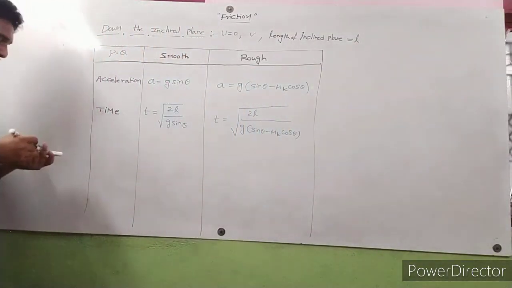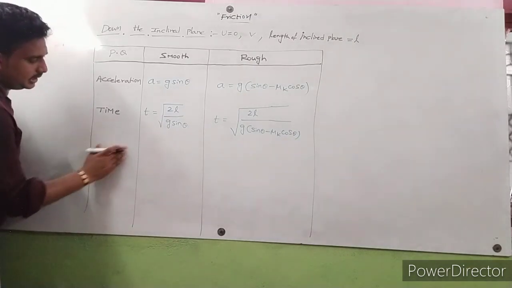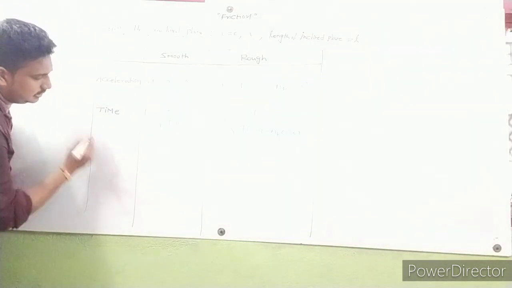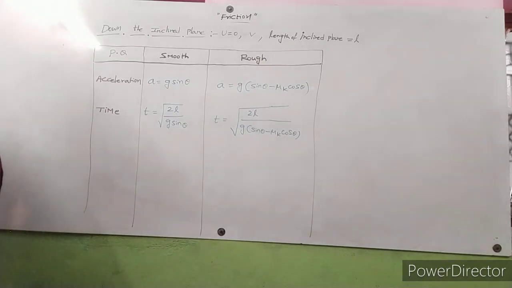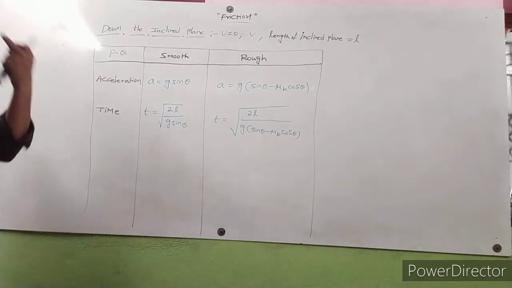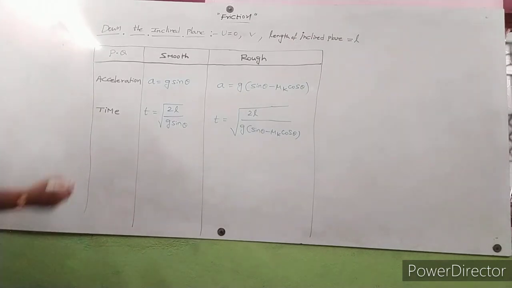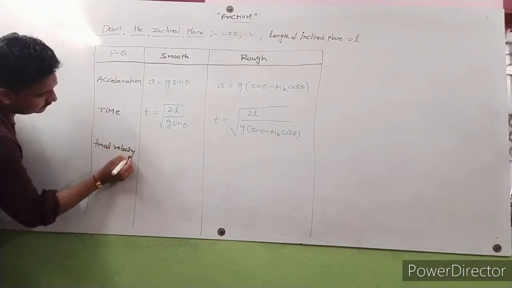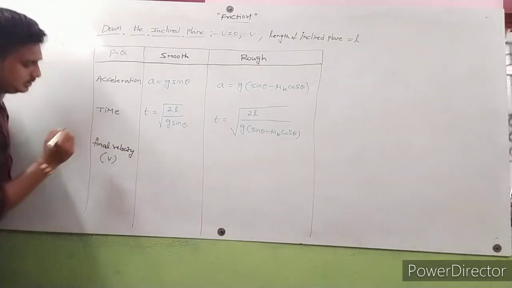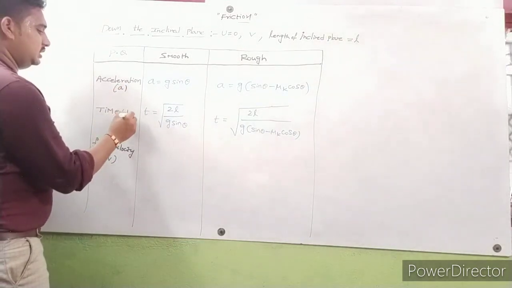Acceleration completed, time completed. Next, final velocity V, acceleration a, time t.